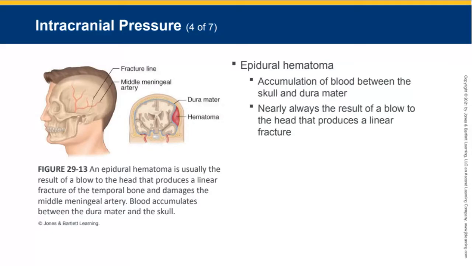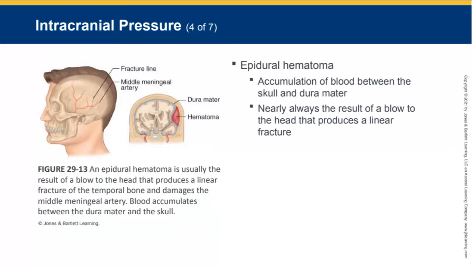They are going to lose consciousness when they get hit, and then they are going to regain consciousness. As the bleeding occurs, they will start to lose consciousness again slowly, and then they go unresponsive. That's how these patients present.